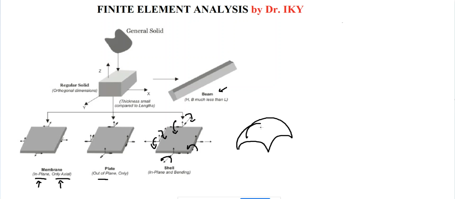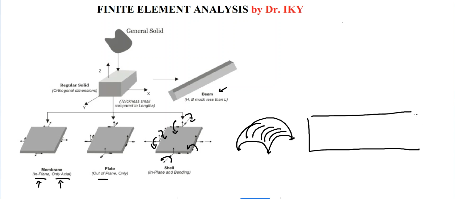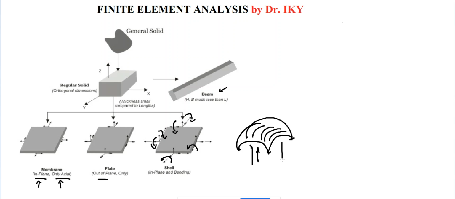It's a kind of parachute. There is no thickness, but if you hold here from the four edges and make it flat, maybe you will get a plane. But during usage of parachute, you will get something like that because air is inside. So this time, this one is in 3D.